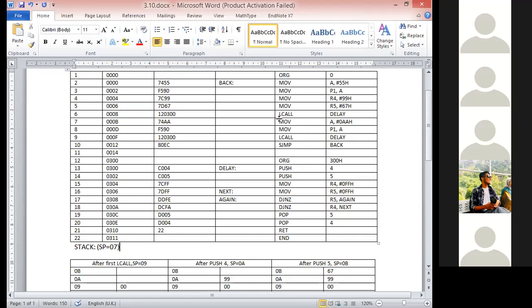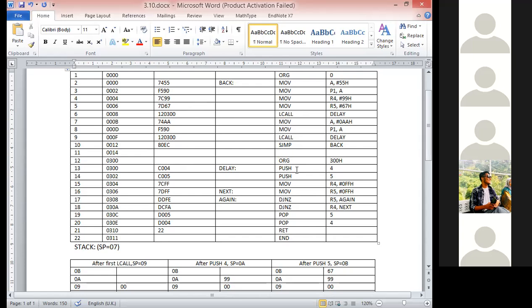In this LCALL, you have got 2 bytes of address that you need to save, and you cannot save a 2-byte address in the same push. So that's why LCALL is equivalent to 2 pushes. If you have 2 pushes, there must be 2 pops to balance it out. That's why if LCALL takes 2 pushes, your return will also take 2 pops.